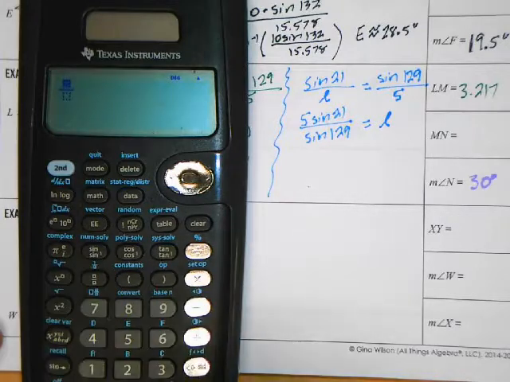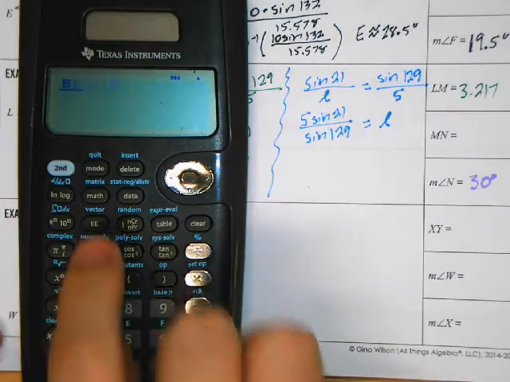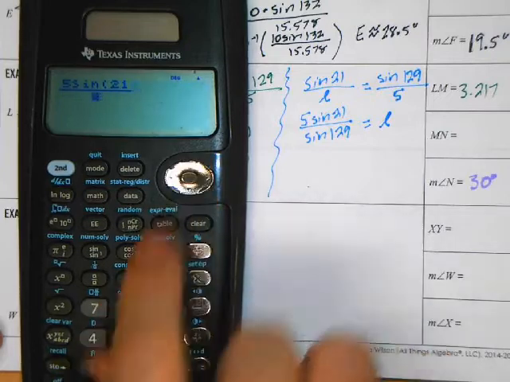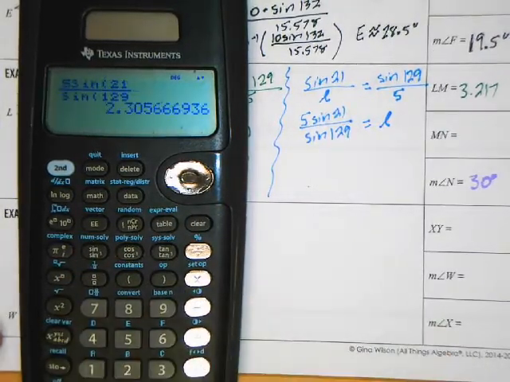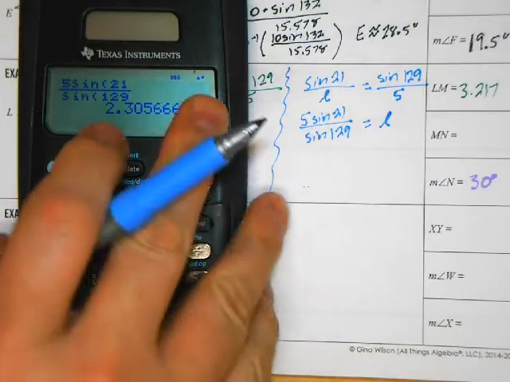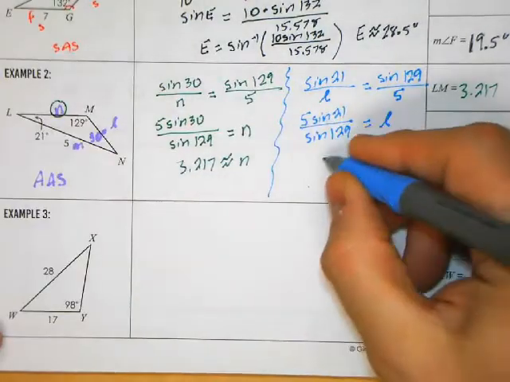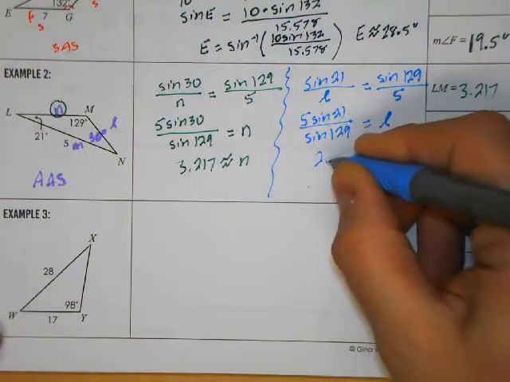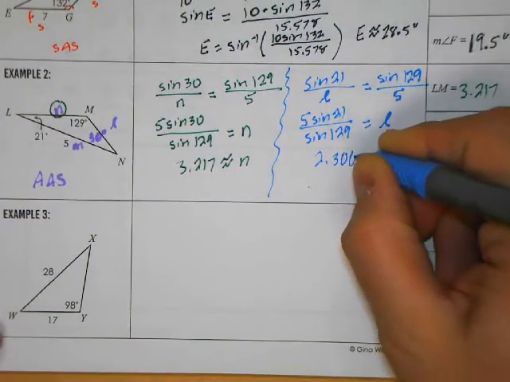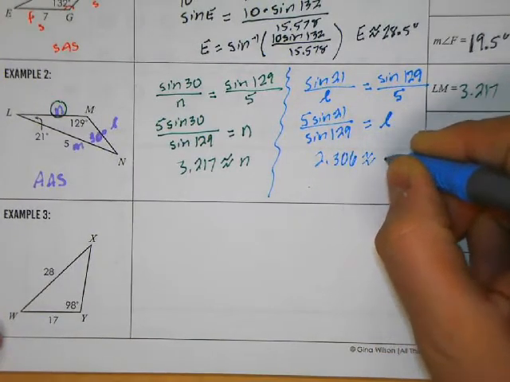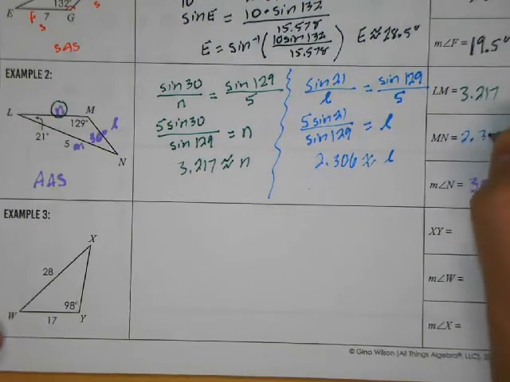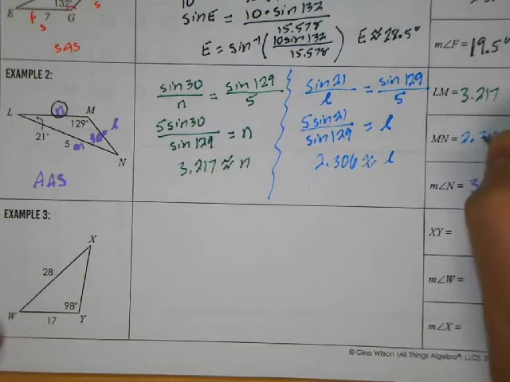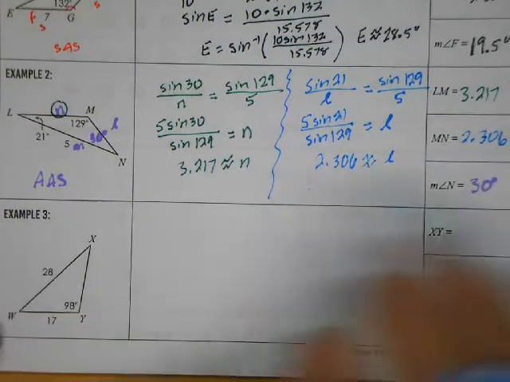So I'm going to say 5 times the sine of 21 divided by the sine of 129, and we get 2.306. We definitely got something smaller. So 2.306 is approximately equal to that third side. And there we go.